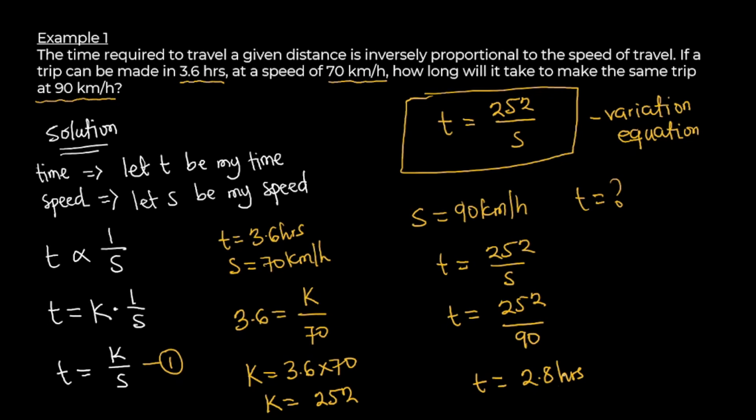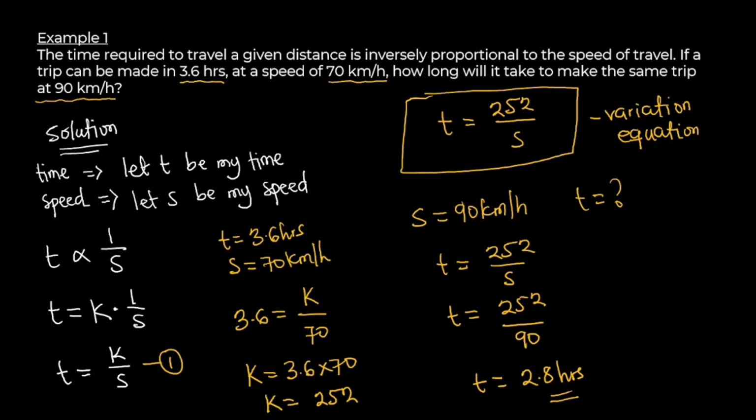This proves that the statement I made earlier, that I'm expecting my time to be lesser than the initial time given, is actually true. And the fact that the speed has increased from 70 to 90 means the time has to reduce, and that is what we've seen here, that the time has reduced from 3.6 hours to 2.8 hours.